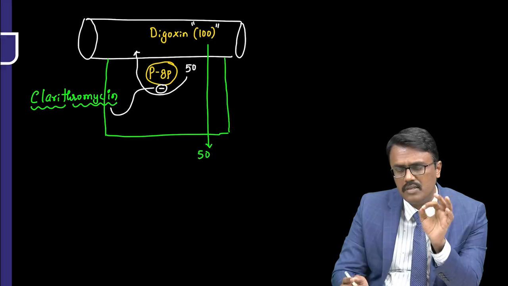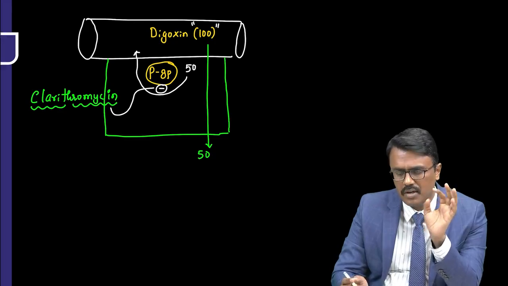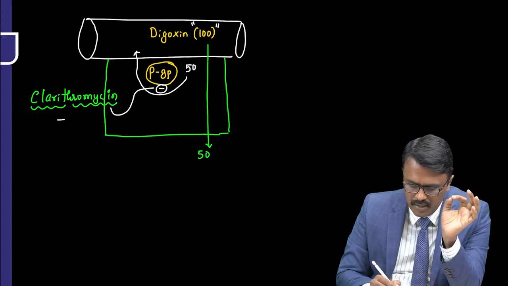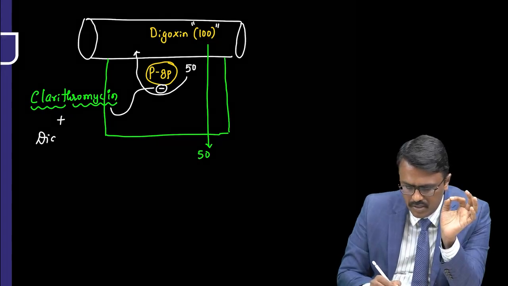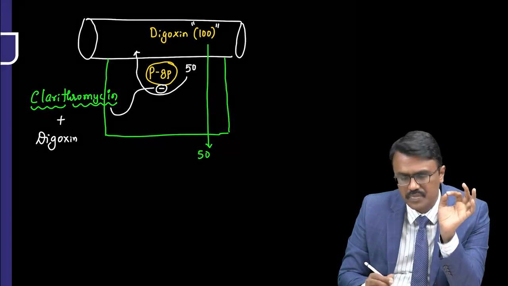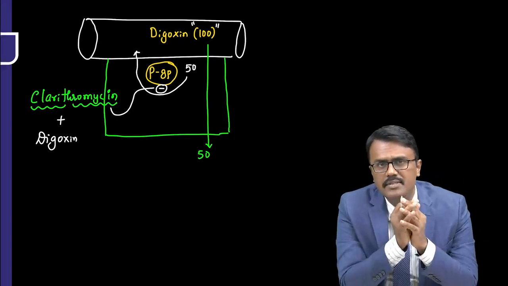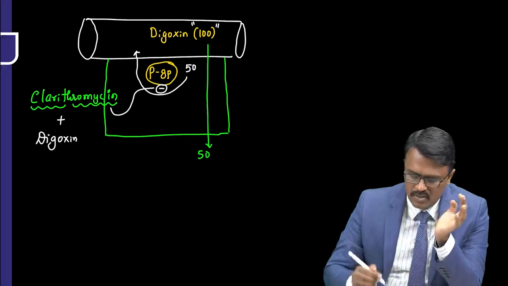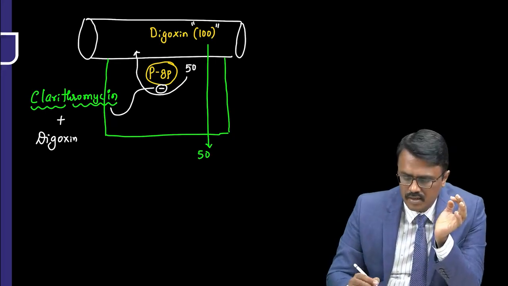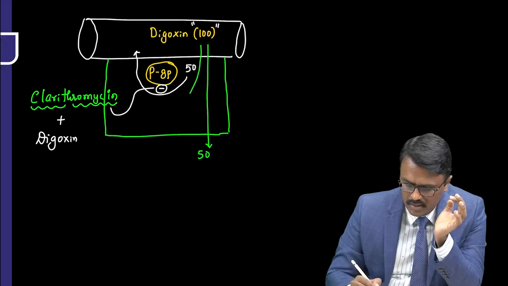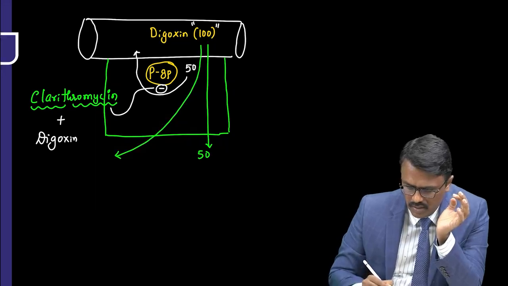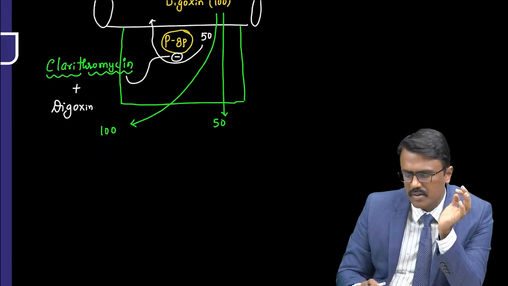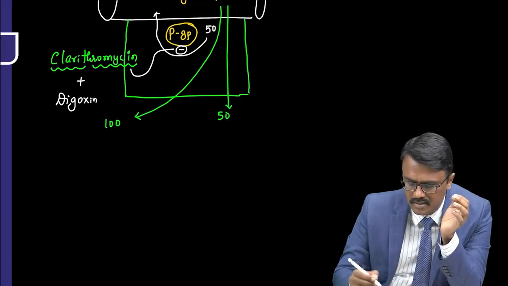If I am giving clarithromycin and digoxin together to a patient, just tell me what happens. The watchman has been blocked. Then all the 100 can enter inside.